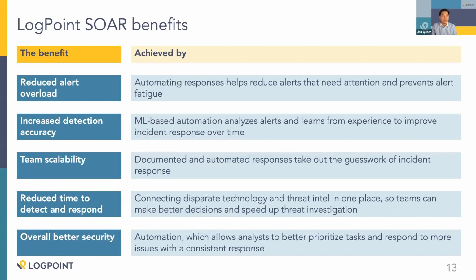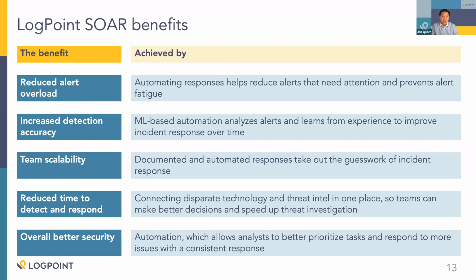So we really want to help find the false positives, do the context buildup, and also automate the items. You can really see here that we are trying to reduce the amount of alerts that you receive that are not valid. We want to increase the accuracy because we've already done the context building for you. And since we can automate some of these tasks, it should alleviate some of the manual work on the team. And that should give more time to do actual investigations on real alerts.